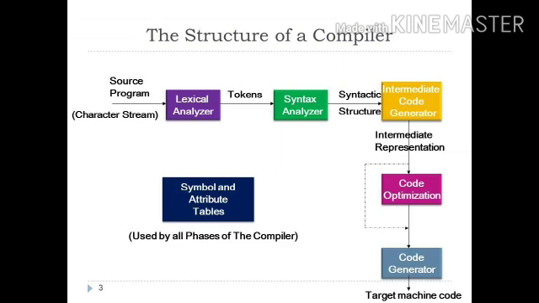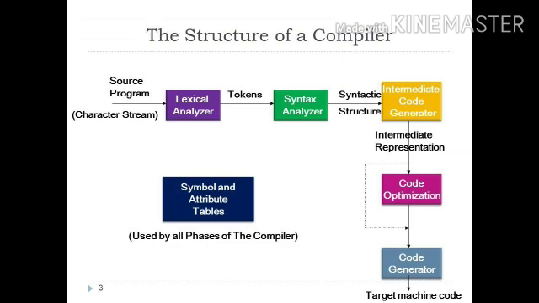Now we learn about the structure of the compiler. A compiler has different phases. A phase is a logically interrelated operation that takes the source program in one representation and produces output in another representation. Each phase takes an input in one format and produces an output in another format.